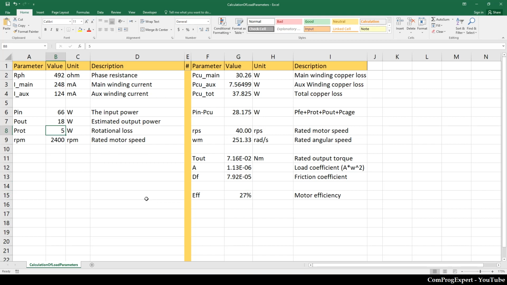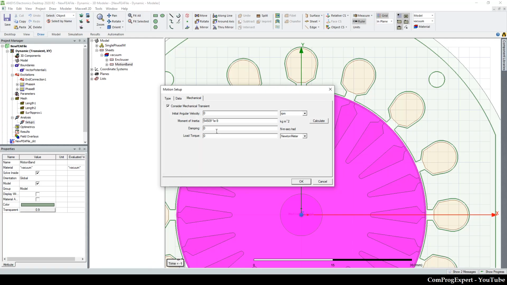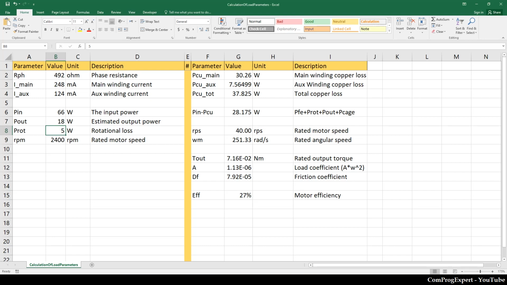So as you can see, if we assume these numbers, the efficiency of the motor is lower than 30%. So we can try these numbers. Let me write 7.92 e minus 5, which is the friction coefficient.